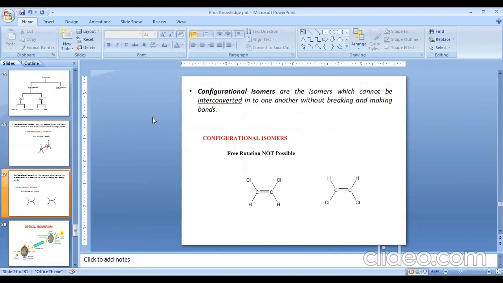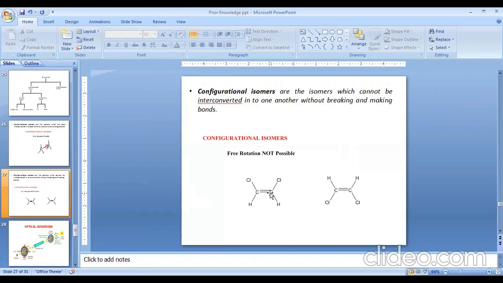Now what do you mean by configurational isomers? Configurational isomers are the isomers which cannot be interconverted into one another without breaking and making of bonds. Here we have taken one example, that is 1,2-dichloroethene. Here carbon-carbon is bonded with a double bond, so the structure gets locked into one configuration.